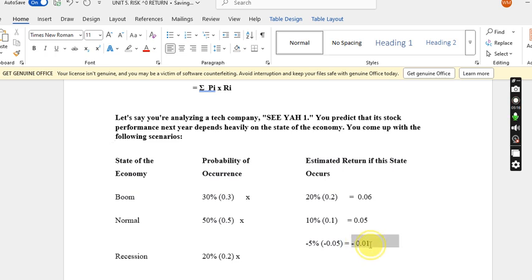What that is telling us in simple words is that if you want to invest in this company, you expect a return of 10%. 0.1 back to percentage form is 10%. So if you want to invest in this company, CR1, expect an average return of 10%.